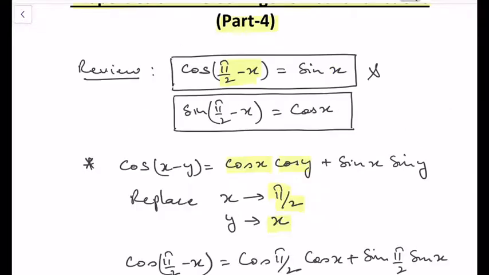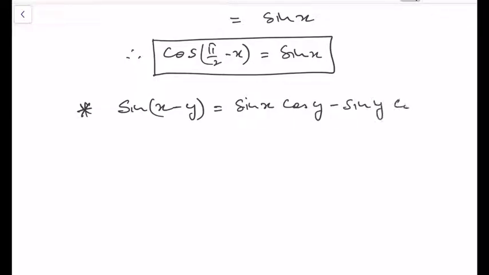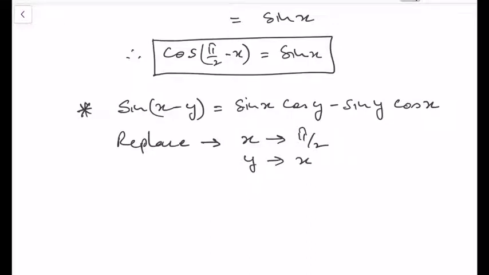Now, similarly, for the second property, we will be using sin(x - y), which is sin x cos y minus sin y cos x. Now replace x with pi/2 and y with x to get sin(pi/2 - x).